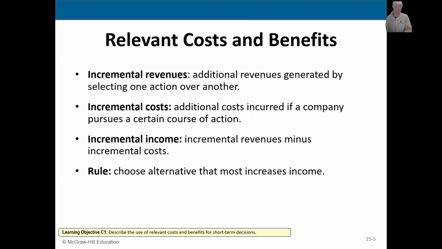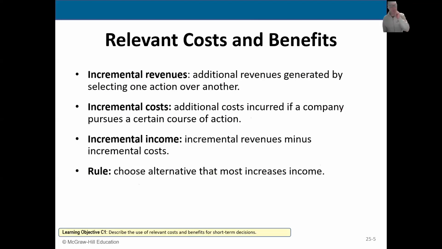There's also incremental costs. That's the additional cost incurred if a company pursues one option over another, which leads to, hopefully, the incremental income, which is the additional income. That's incremental revenue minus incremental cost.